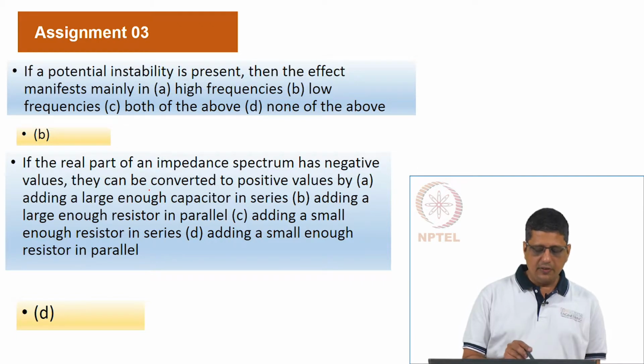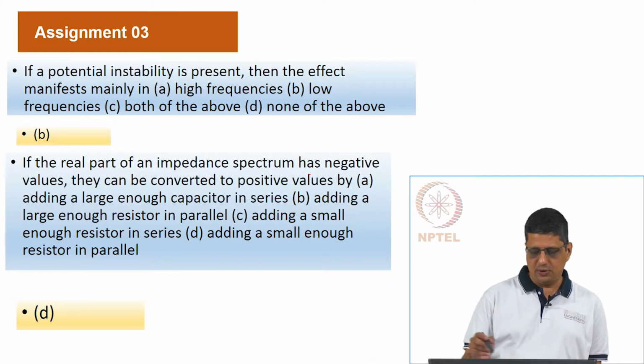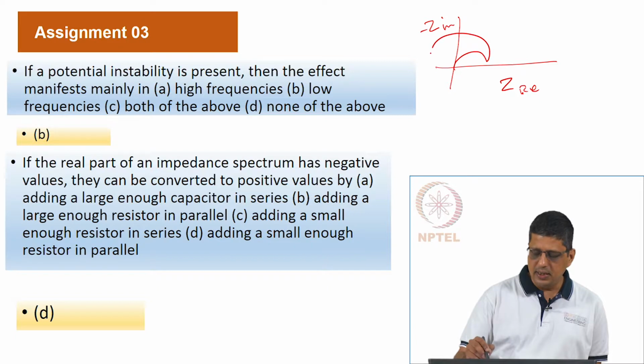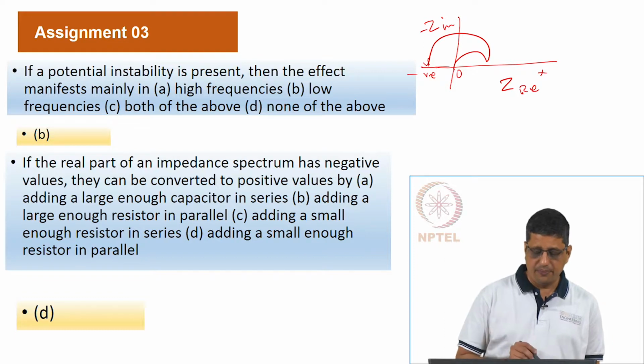If the real part of an impedance spectrum has negative values, meaning if I draw a complex plane plot, minus Z imaginary versus Z real, it may go like this. The real part of the impedance has negative values.